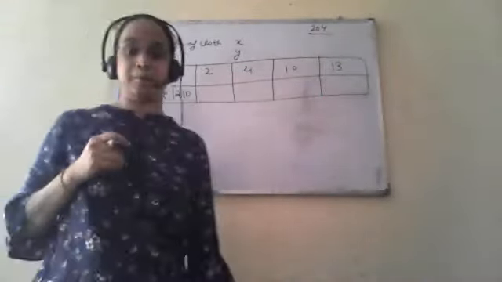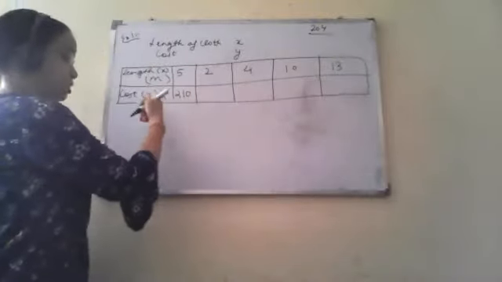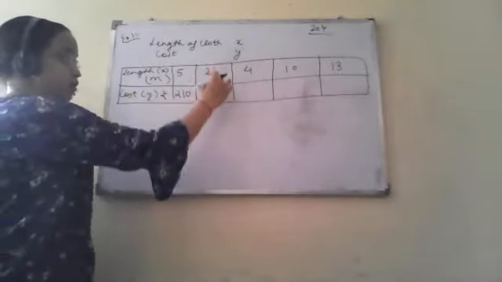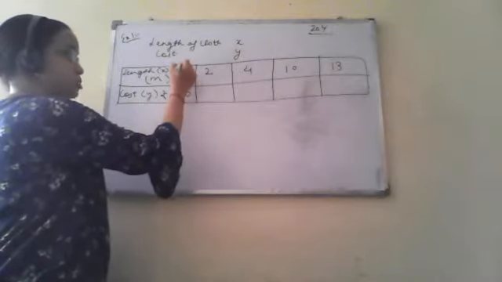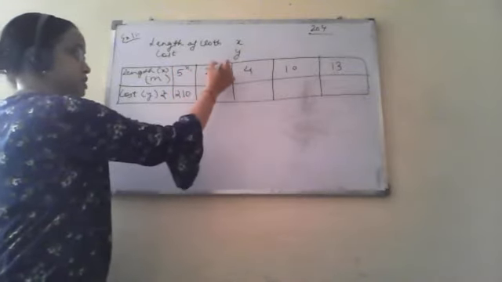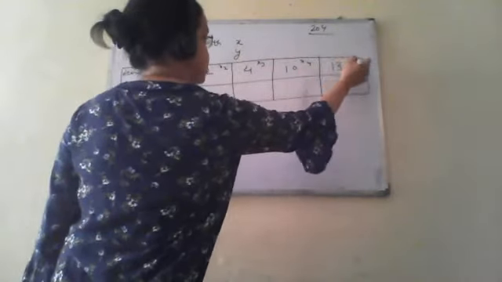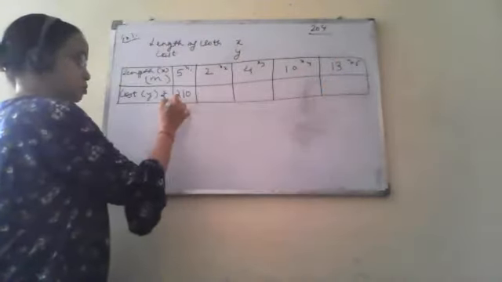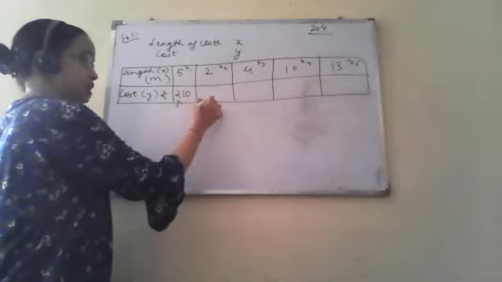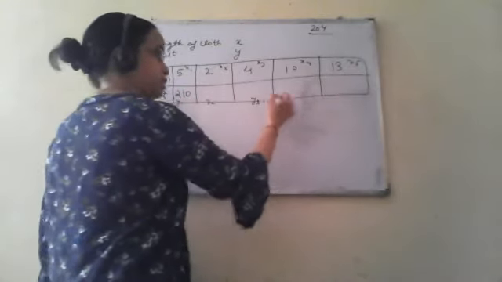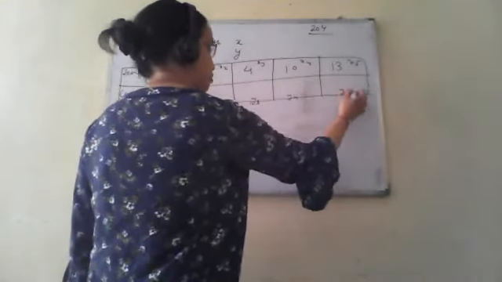Clear? So what we have studied in direct proportion, that is x1 upon y1 will be equal to x2 upon y2. These are the corresponding values of x: x1, x2, x3, x4, x5, and these are the corresponding values of y: y1, y2, y3, y4, y5.